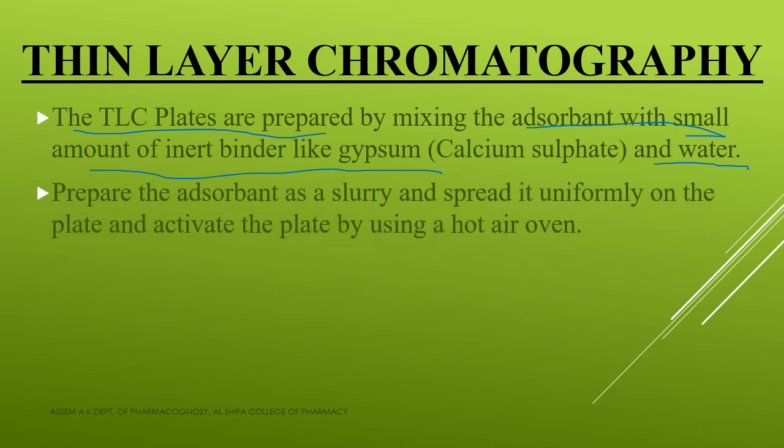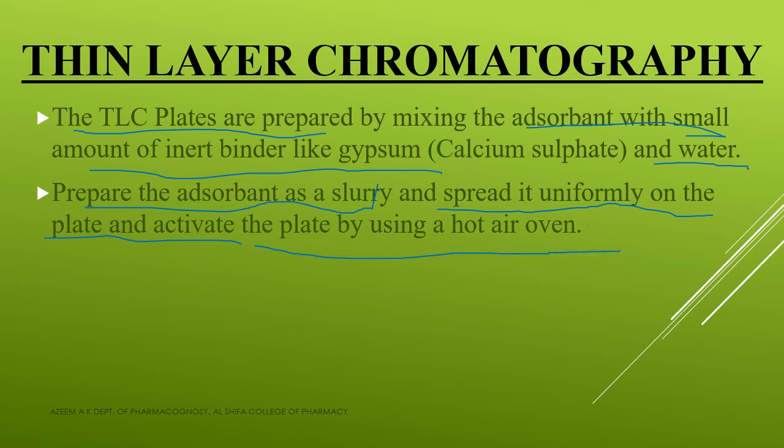This adsorbent should be made in the form of a slurry, a suspension rather than a liquid. And it should be spread uniformly on the carrier, that is a glass plate or aluminum foil, as we said earlier. It should be spread uniformly on the plate and then activated using a hot air oven.